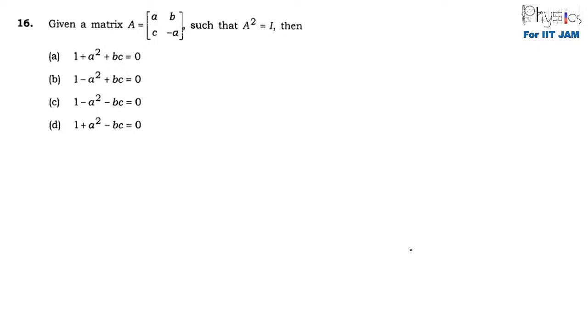Okay, Saurav's answer is option A, that means 1 plus a square plus bc equals 0. So let's see what others' answers are. Tell me what is the correct option for this question. Is it option A or B or C or D?